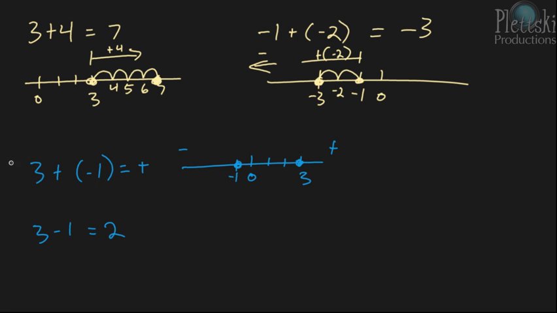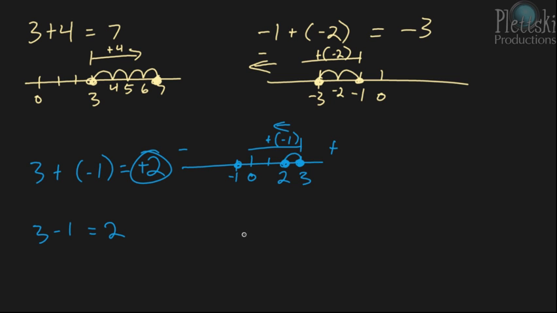And since 3 is positive and it has the larger absolute value, your answer is also going to be positive. So it's going to be a positive 2. So 3 plus a -1 is going to be 2 because you start at 3 and you add a -1. So you go in the negative direction 1. You go to the left 1 and you'll end up at 2.